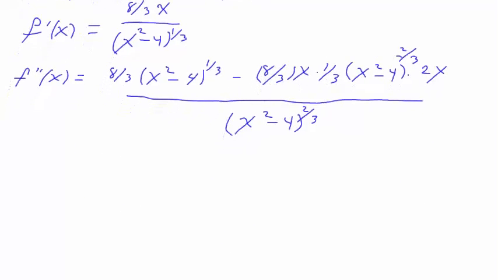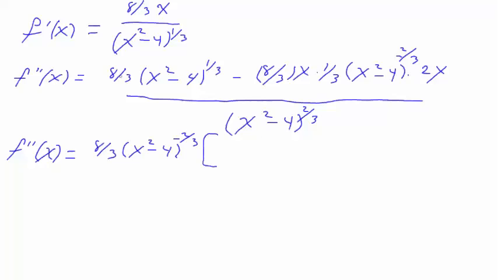Well, what we'll want to do here is simplify this thing down. Okay, and that means we need to factor the numerator. We have an 8/3, we have an 8/3, we have an x squared minus 4, we have an x squared minus 4. But we always pull the one out with the smallest exponent, and that's going to be this guy right here. So we're going to pull the 8/3 out, and we're going to pull out the x squared minus 4 raised to the negative 2/3. I'm going to start a bracket here.